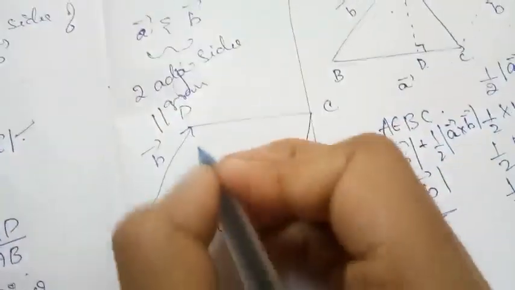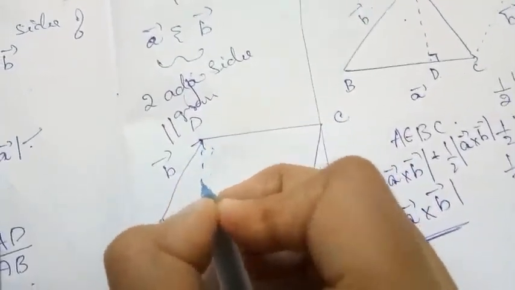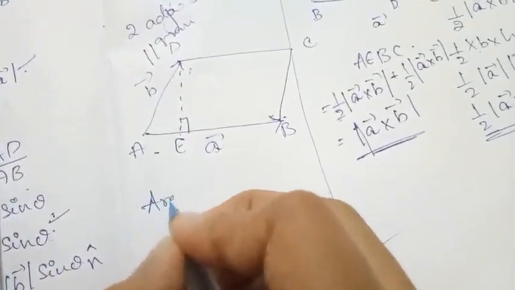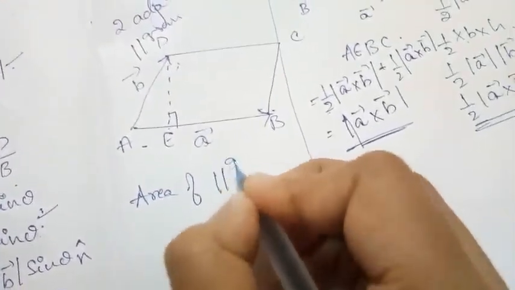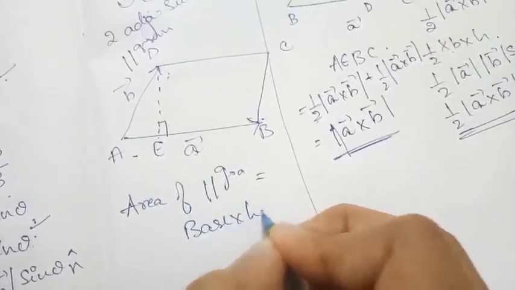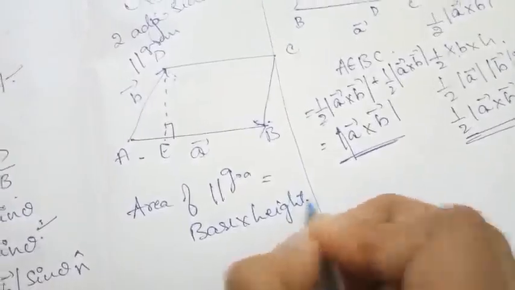If these two are adjacent sides, and DE is the height of the parallelogram, generally we know the area of a parallelogram is equal to base into height. We already know this formula.